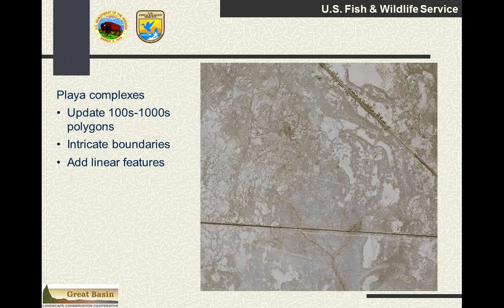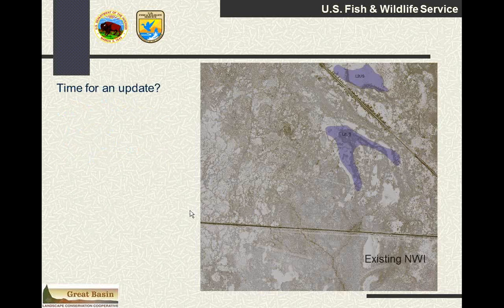Another thing we encounter quite a bit here in Nevada is these playa complexes. And I say playa complex, they are extremely complex things to map. There are hundreds to thousands of polygons that are individual, and they have very intricate boundaries. And in addition to that, they have linear features that need to be mapped as well, going through the playa complex.